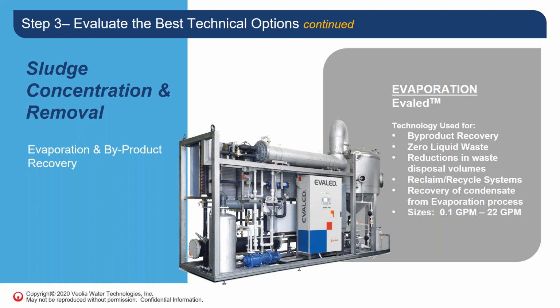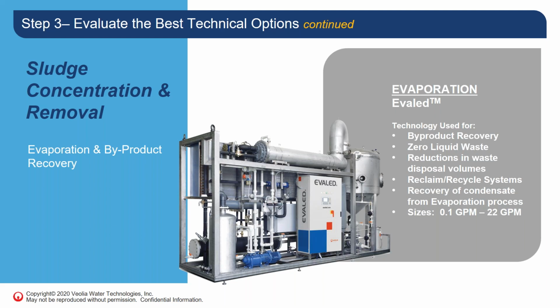So evaporation and byproduct recovery is still a final step, or could be a final step in the process. In many situations, you may have a byproduct in that waste sludge that needs to be recovered. You may be under some pressure from your local community or your local management team to go through a zero liquid waste scenario and truly eliminate water from being discharged from your plant. Or it may just be a total reduction in waste disposal volumes.